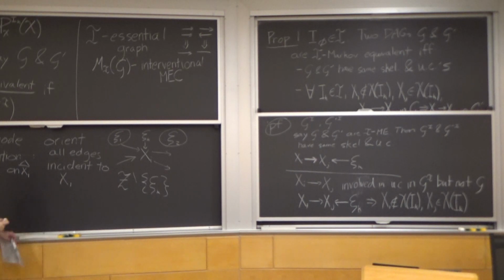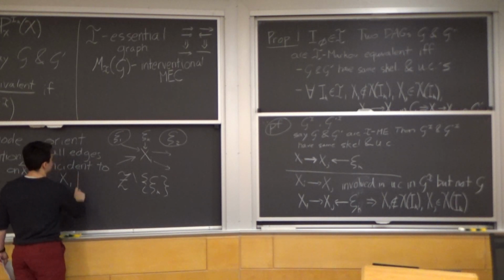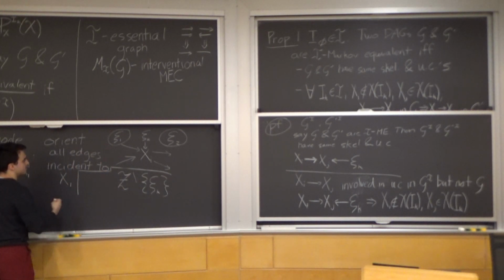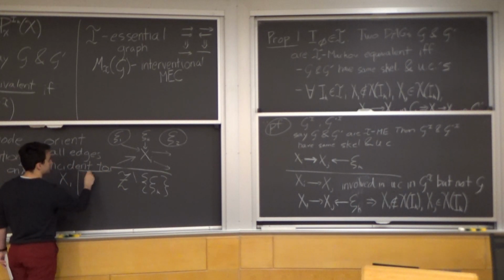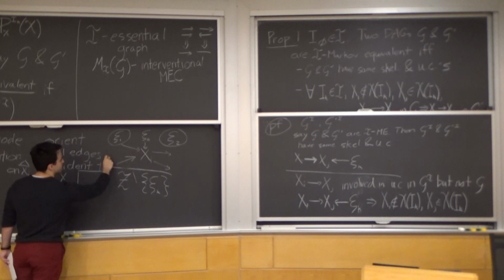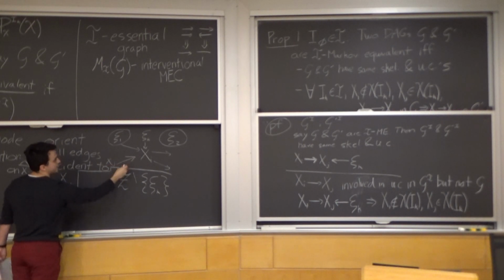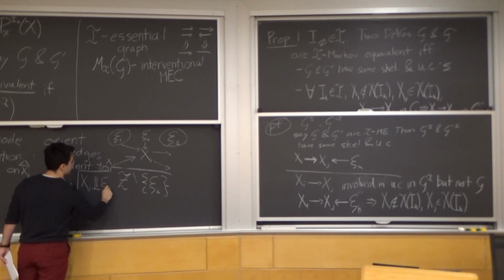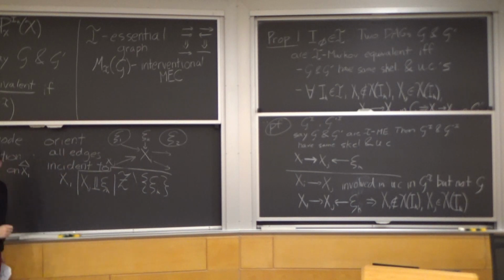For a single node intervention, for any of the parents of xi, we have that xj is conditionally independent of zeta k given the rest of them.